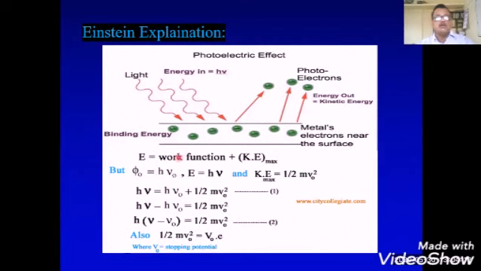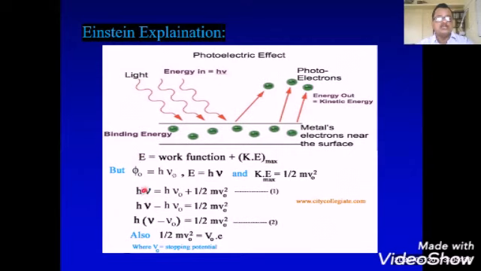So E is equal to work function plus kinetic energy, and phi naught, the work function, is equal to h nu naught, and nu naught is called the threshold frequency. That is the minimum frequency which is required to eject a photoelectron without imparting it any kinetic energy. And h nu is the energy of the photon.